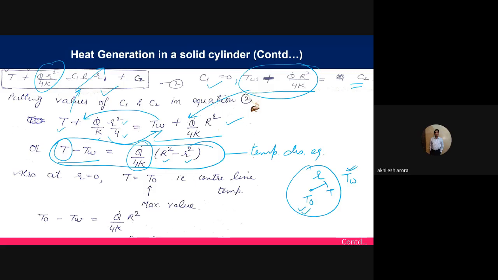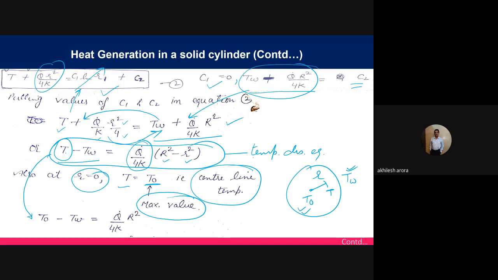So what we do, we calculate the value of T at the center also. So at r equal to 0, this is the center line temperature, that is T equal to T naught, and this is the maximum value, as I had said, because the heat generation is taking place at the center. Okay, so we can put it here.